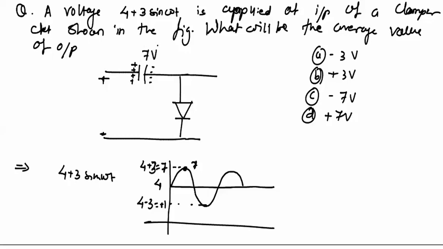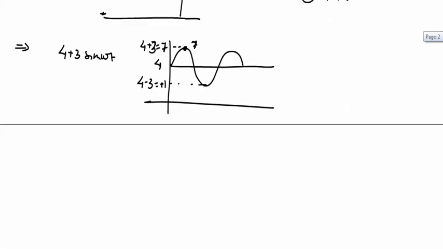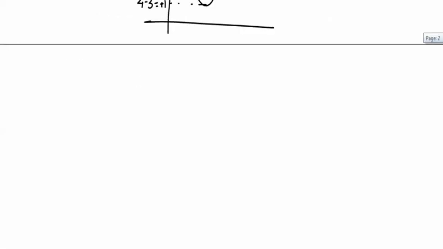Now based on our conclusion, we will draw the output waveform. It is a negative clamper. The output shape will be exactly the same as the input shape. This was the waveform of the input.